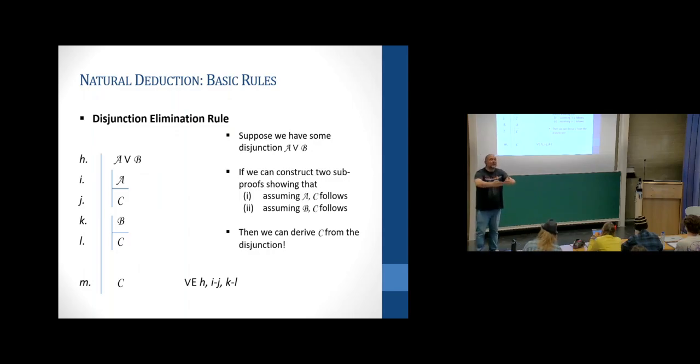We know that no matter what, you're going to end up at C. It's pretty clever, because what this lets us do is reason from the disjunction regardless of why it's true. We don't care. So note here what you have to do citation-wise. You need to cite the disjunction and both subproofs.